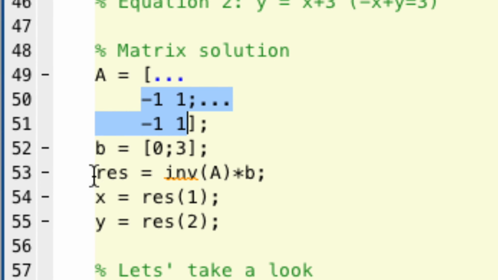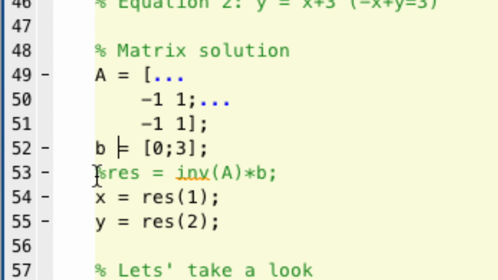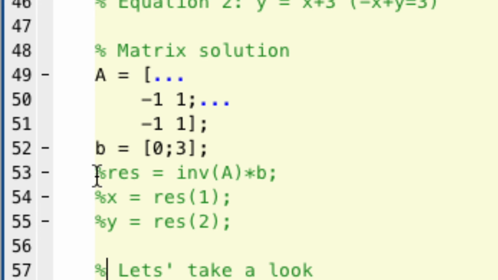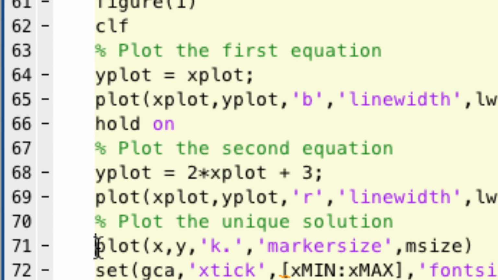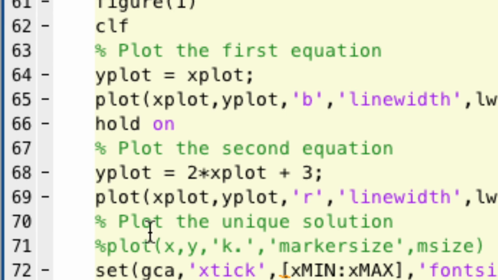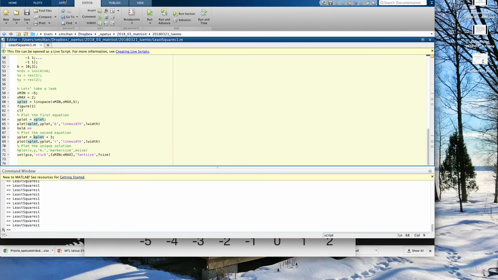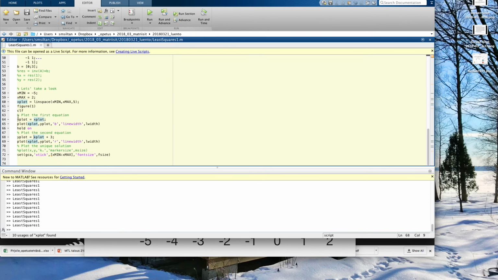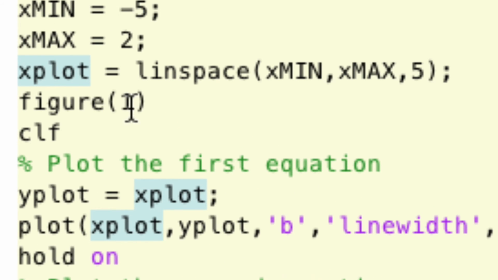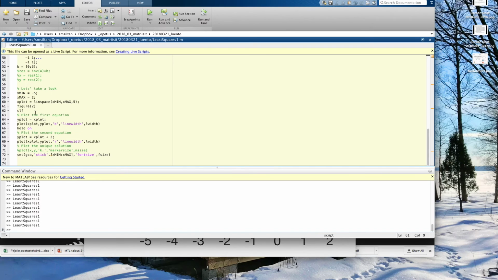The determinant will be 0, so we can't really solve this one. And let me just quickly comment these ones, and let's comment this one as well, and just see how it looks in the plot. And let's make this actually figure number 2. So I just run the section.